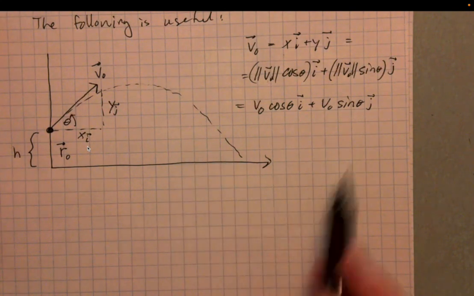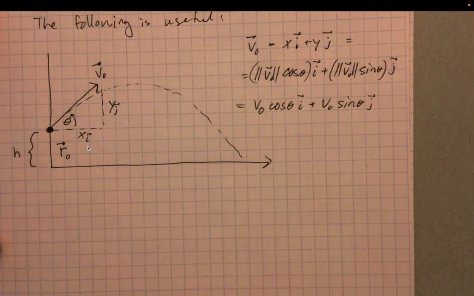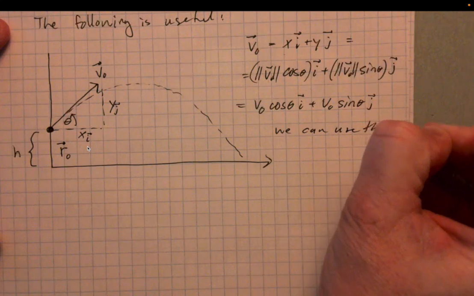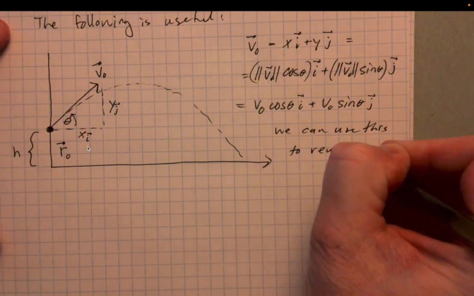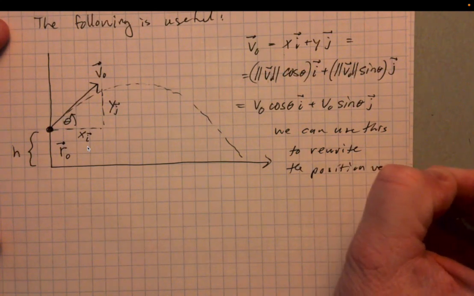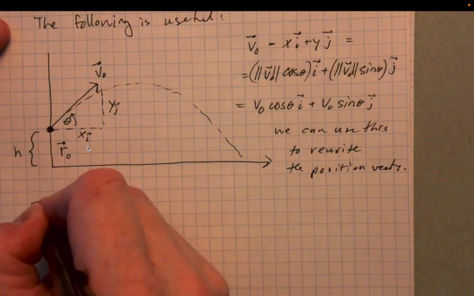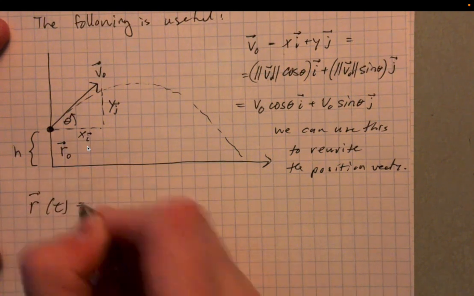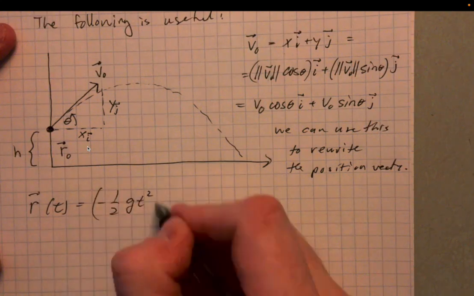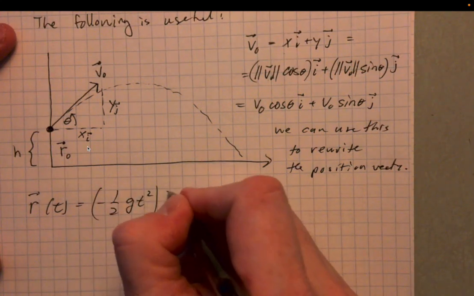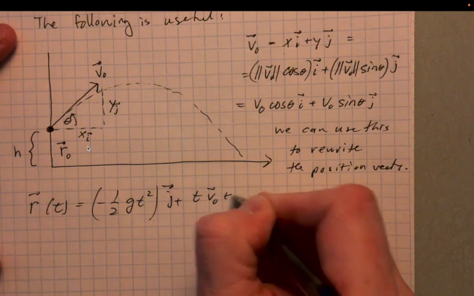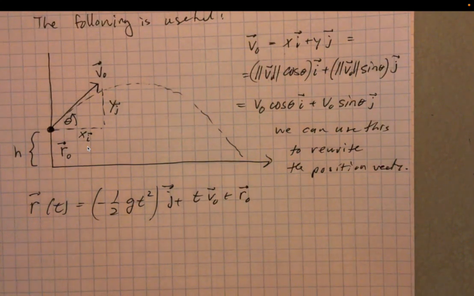And so we can use this to rewrite the position vector. So r of t, we just saw, is negative 1/2 gt squared times j plus t times v naught plus r naught. That's what we started with.